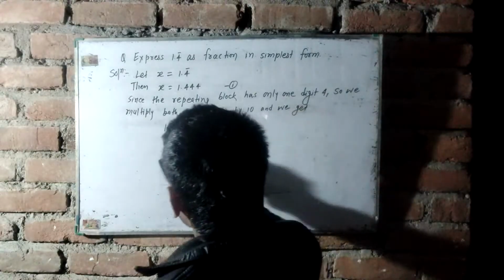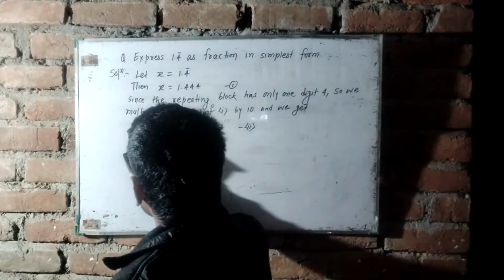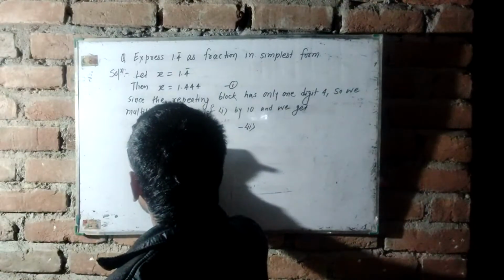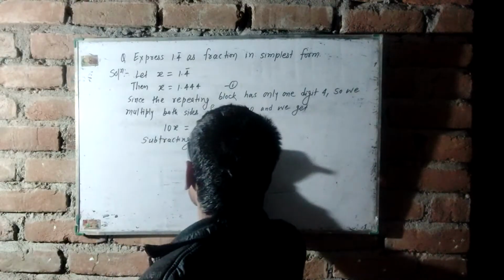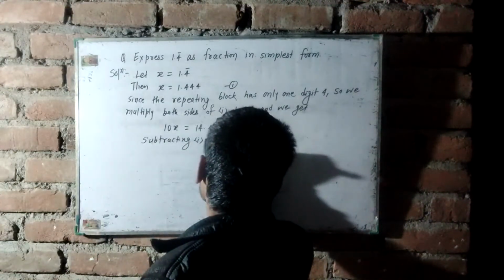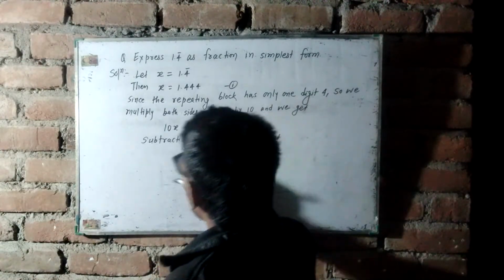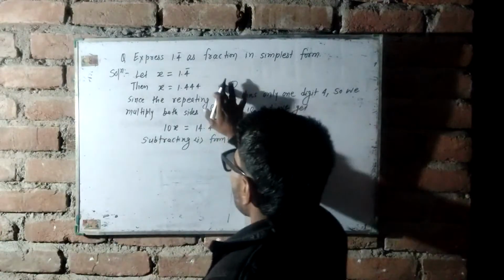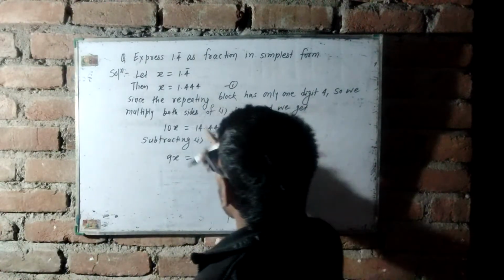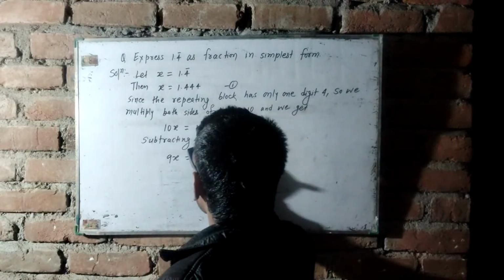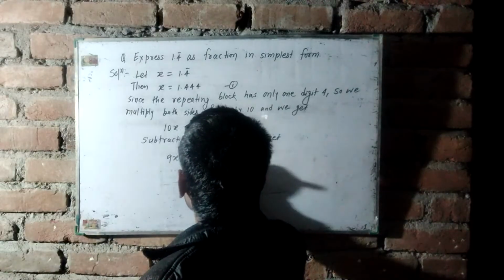Now subtracting equation first from equation second, we get 9x is equal to 13.